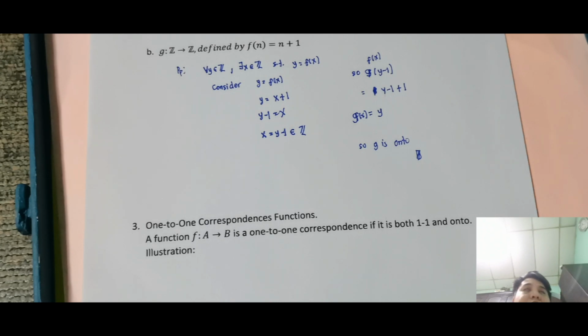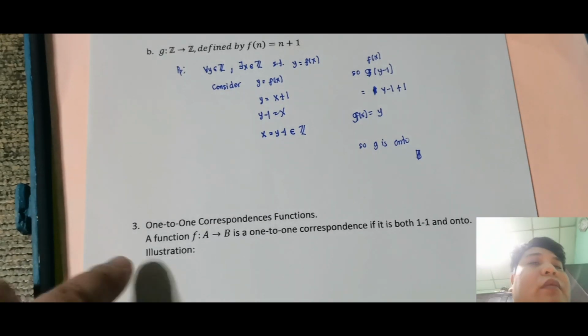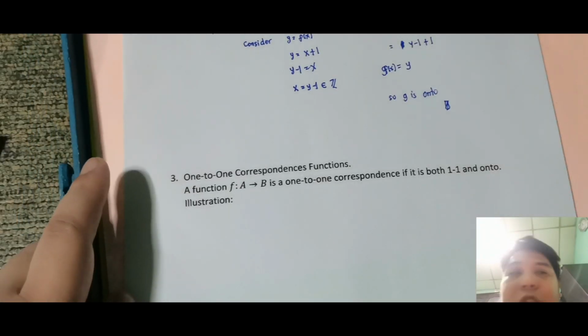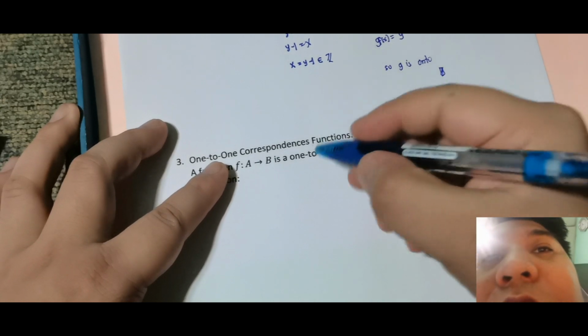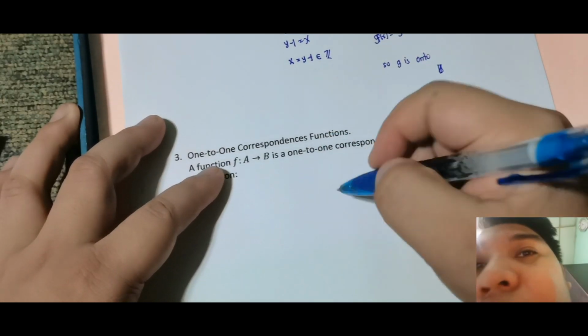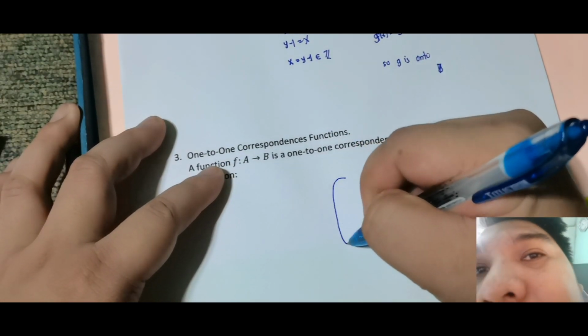So, ano ibig sabihin? Magiging one-to-one correspondence ako pag na-show ko, na-prove ko na ako ay one-to-one, na-prove ko na ako ay onto, therefore, ako ay one-to-one correspondence. Okay, so let's have illustration about this. So, consider natin itong drawing ni sir. Ulit, drawing ko tayo ng hotdog or something.